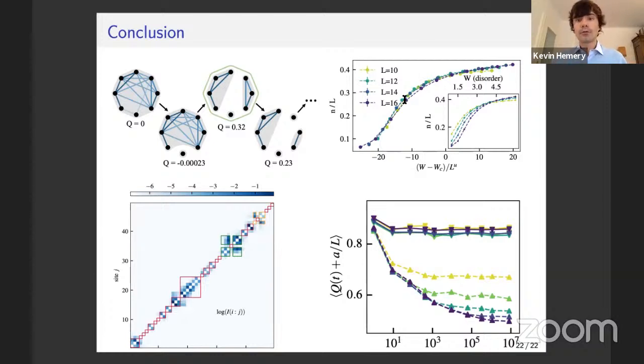So we are able both to probe the static properties with the phase transition, but we are also able to make predictions which can be tested in experiments. And we have found an interpretation of a purely graph theoretical quantity, which is this modularity, this quality measure. And we have related this to the logarithmic growth of entanglement, which can be measured in experiments.